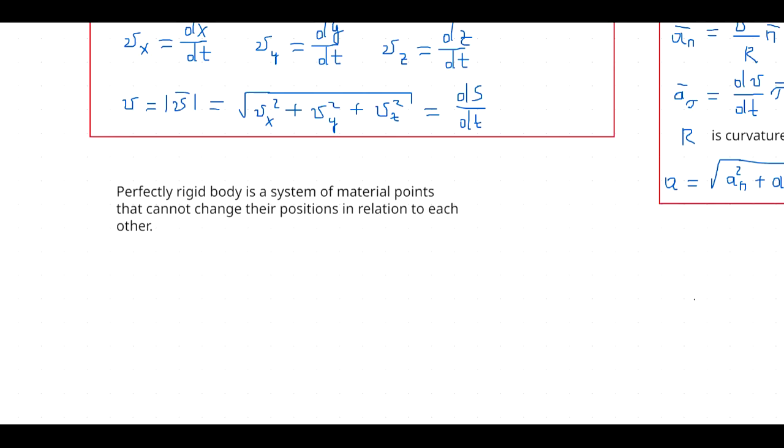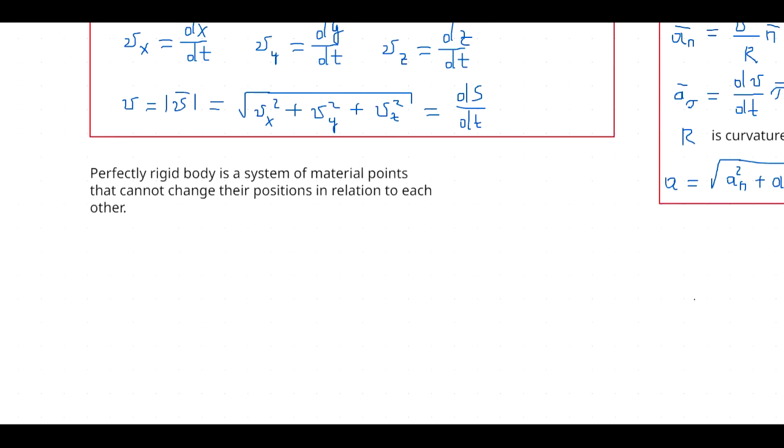Sometimes it is wheels, or planes, spaceships, so different vehicles can be considered as perfectly rigid bodies. So let's have a look at rotational motion of perfectly rigid body.